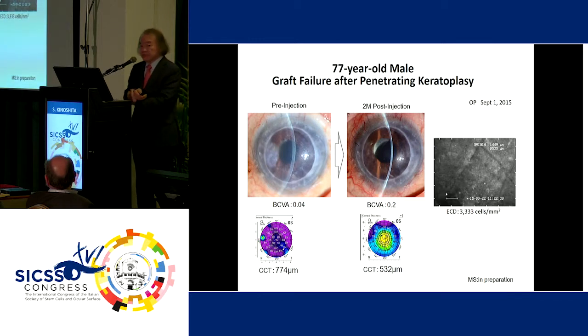This is very interesting: a 77-year-old male with graft failure because of immunological rejection after penetrating keratoplasty. We waited about a couple of months, and then performed the cell injection into the anterior chamber, and you could see the cornea immediately became transparent with a high corneal endothelial cell density.